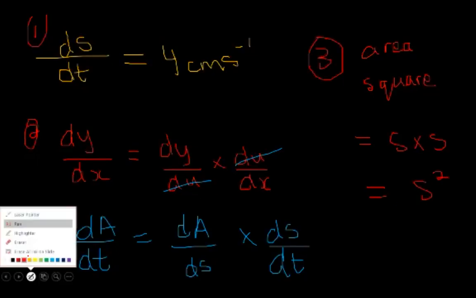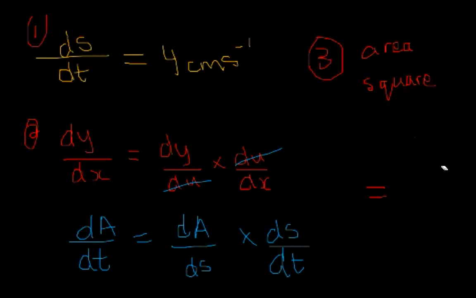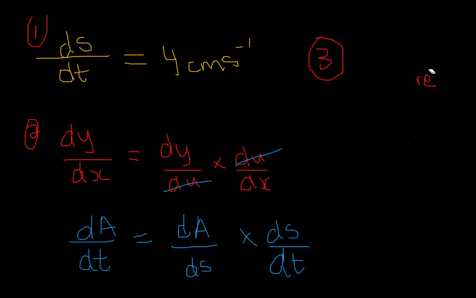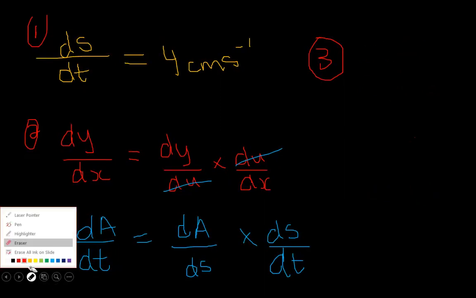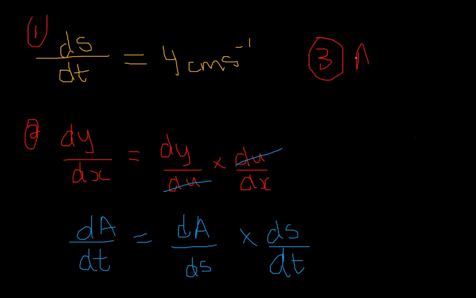So let me just write that in a different way. Area is equal to S times S, side by side, right? That's how we find the area of a square. So let's just say A is equal to S squared, because anything multiplied by itself is the same as saying whatever it is squared, right? S times S is the same as S squared. But that's not what we want to find, right? We want dA on ds.